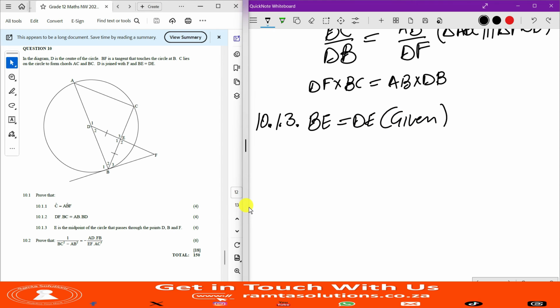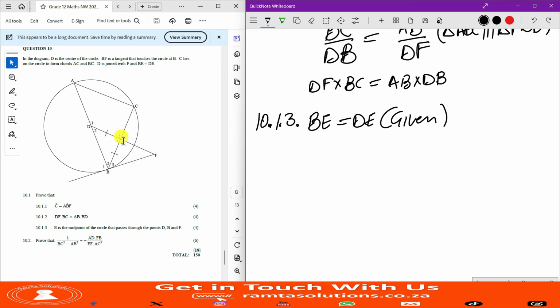They say we must prove that this guy is a midpoint. The circle is passing through what? The circle is passing through DBF. If the circle is passing through DBF, it means the circumference of the circle.